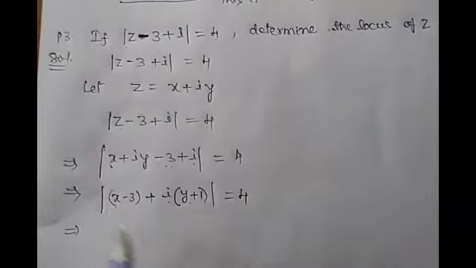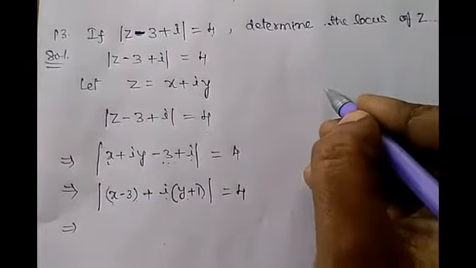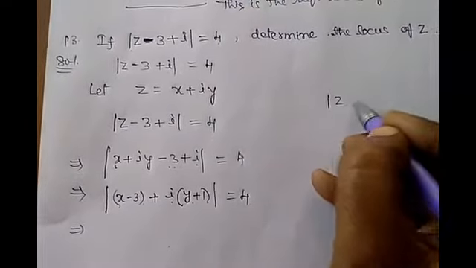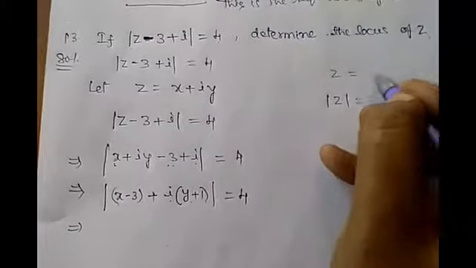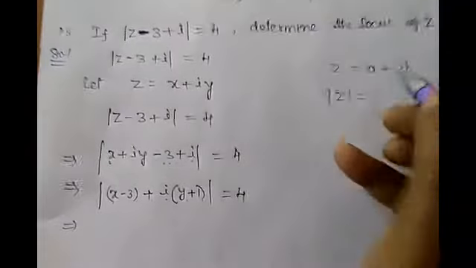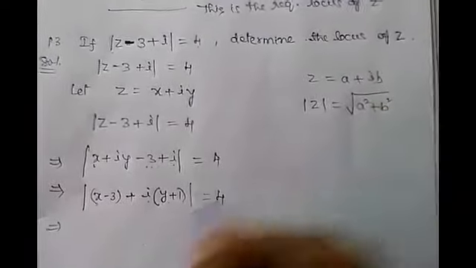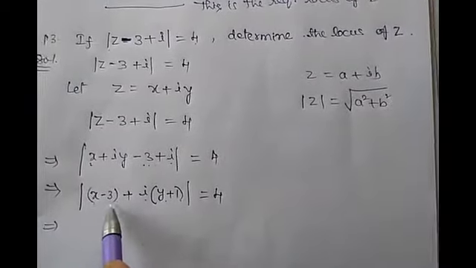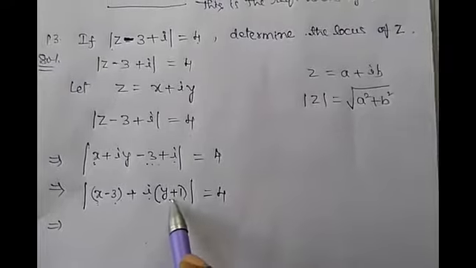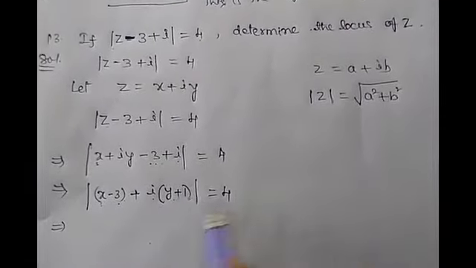Now what is modulus of z? Actually, if z is equal to a plus ib, what is modulus of z? Square root of a square plus b square. Okay, here we are having x minus 3 as real part and y plus 1 as imaginary part.